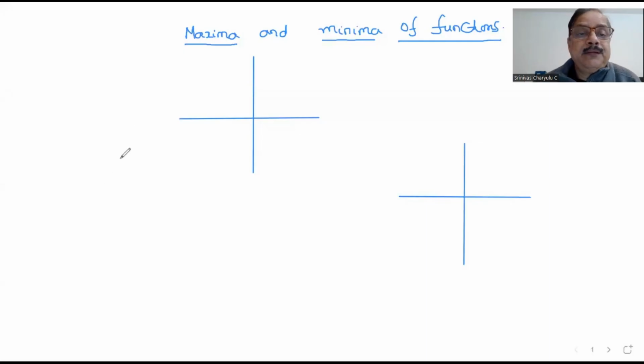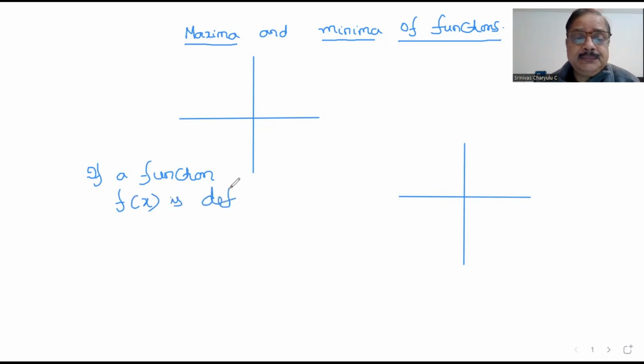First of all, let me tell you that if a function f of x is defined in an interval, let us say I, in this interval you have some set of real numbers.